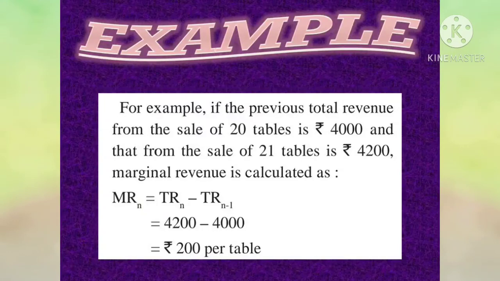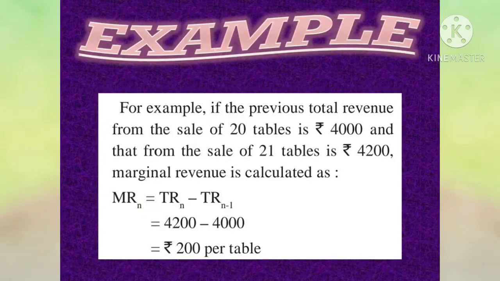That is, marginal revenue of n units equals total revenue of n units minus total revenue of n minus 1 units. The total revenue of n units given is rupees 4,200 and the total revenue of the previous, that is n minus 1 units, is rupees 4,000.